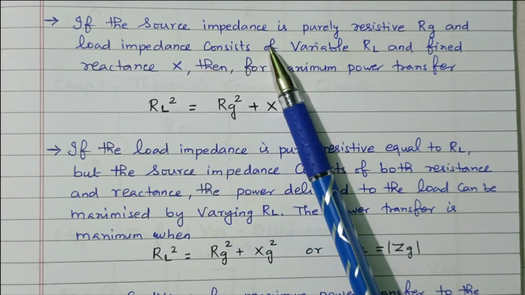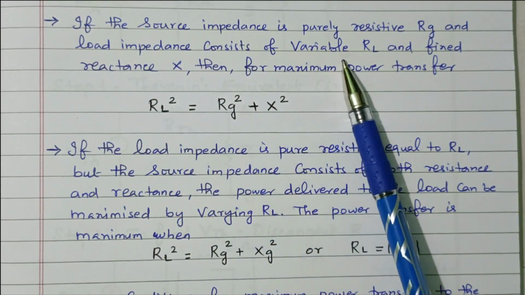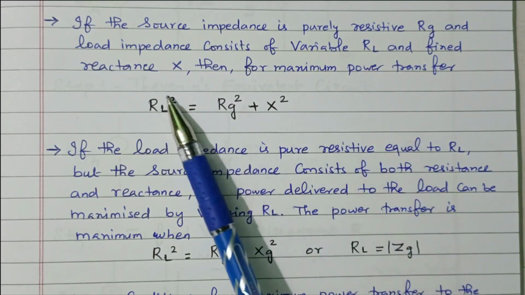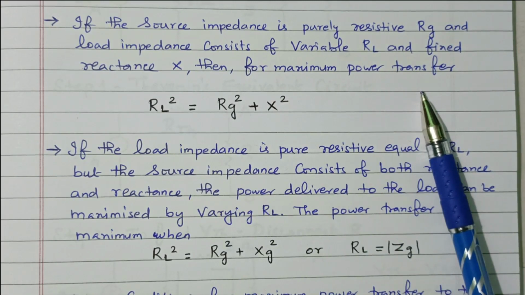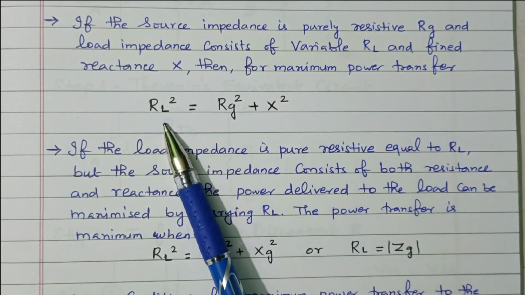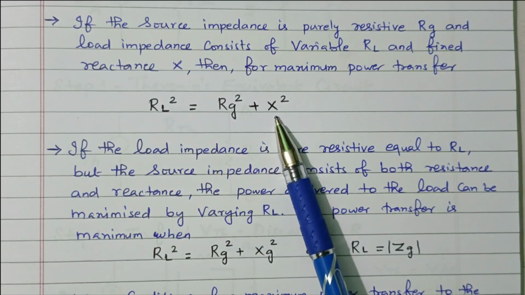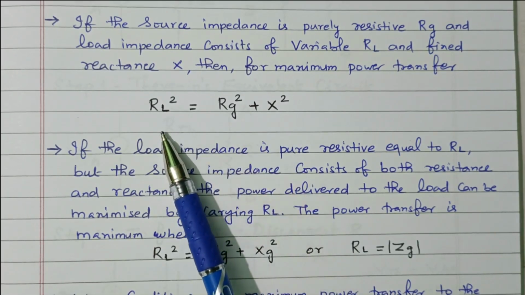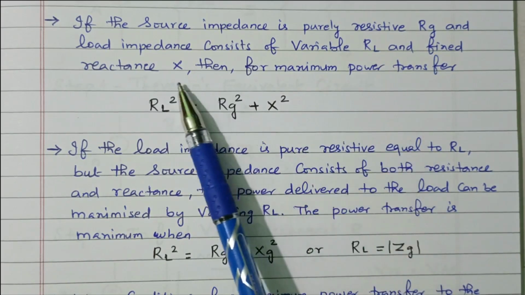If the source impedance is purely resistive and the load impedance consists of variable RL and fixed reactance X, then the maximum power transfer is when RL square equal to RG square plus X square, right? The source having only resistance and the load impedance consisting of RL as well as reactance.